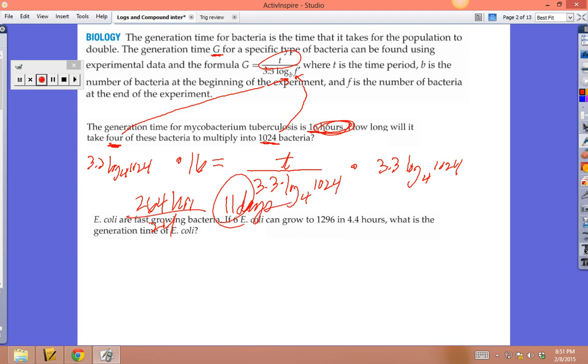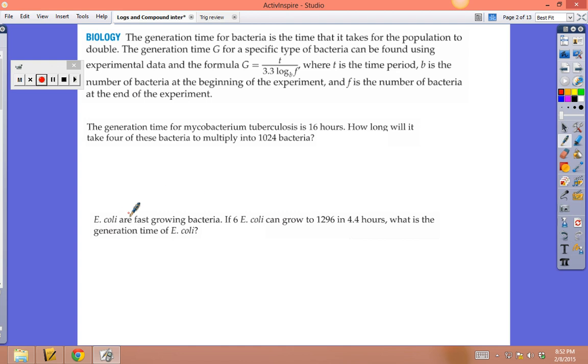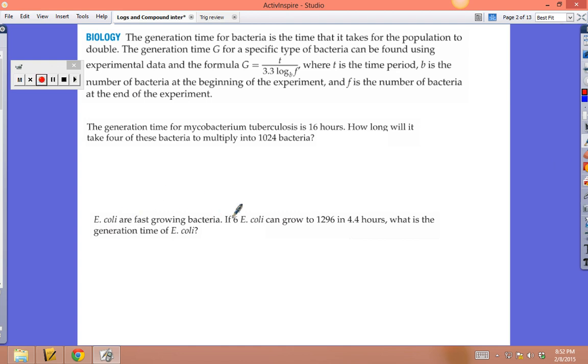Okay, now the next one. E. coli are a fast-growing bacteria. If 6 E. coli can grow to 1296, so 6 is going to be the beginning, and 1296 is going to be where we're ending up. And 4.4 hours, that's the time that it takes to grow that much. So 4.4, I think that's going to be the time.